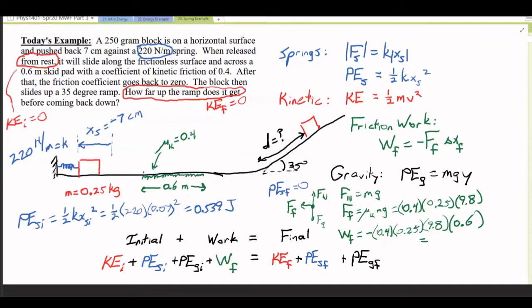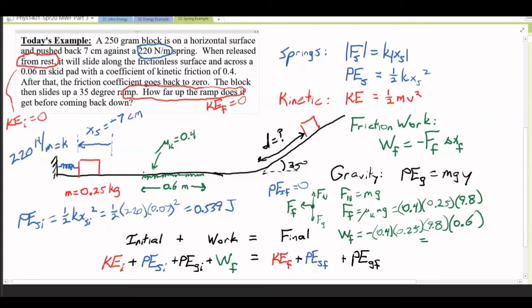Okay, I made a mistake in my preliminary calculation, and I am going to fix it by changing this to 0.06 meters. So I'm going to fix it by crossing it out. 0.06. Cross that out. 0.06. Because I set it up in a way that wouldn't work, so I don't want to do that.